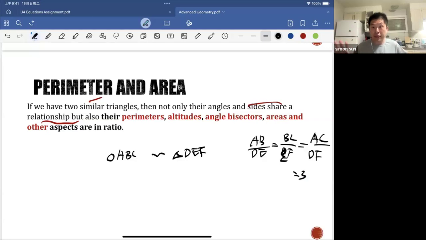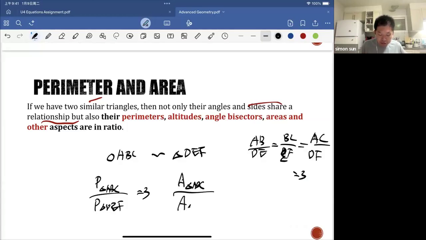The side ratio is equal to 3. Then we directly know the perimeter of triangle ABC over the perimeter of triangle DEF will be equal to 3. The area of triangle ABC over the area of triangle DEF is equal to 3 squared, which is 9 here.